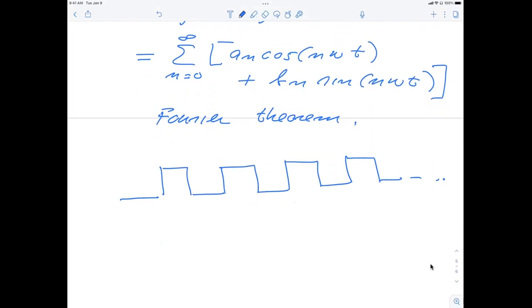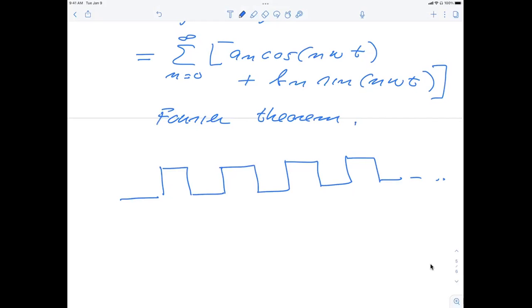I don't know if you've seen these kinds of connections, but this doesn't sound intuitive. How can I actually approximate something which looks like that with a sine and cosine? This is the strength of Fourier's theorem. What I wanted to give you is a kind of bird's view on these things and how you can use them to model a specific force, because often you don't have a proper way to model it.